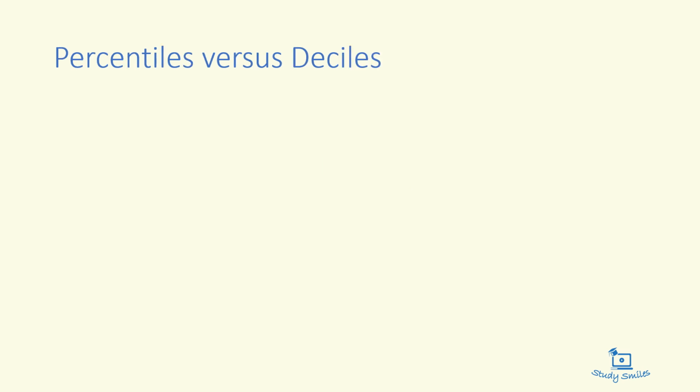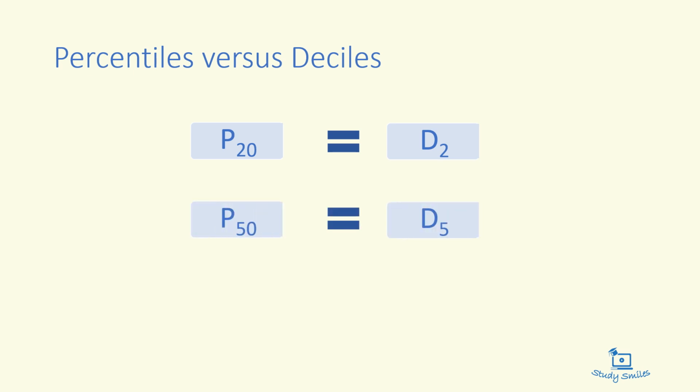It might be worth just clarifying how percentiles and deciles relate to each other. This may be obvious as percentiles are 100 parts and deciles are 10 parts. So the 20th percentile is equivalent to the 2nd decile. The 50th percentile is equivalent to the 5th decile.